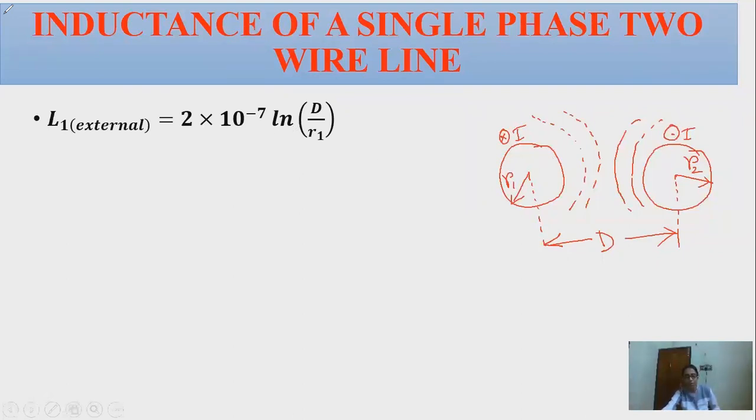How is it coming here? Just we are considering here the flux produced by the current flowing through this conductor, conductor 1, at a distance less than D minus R1.